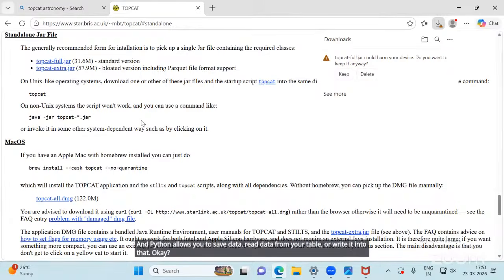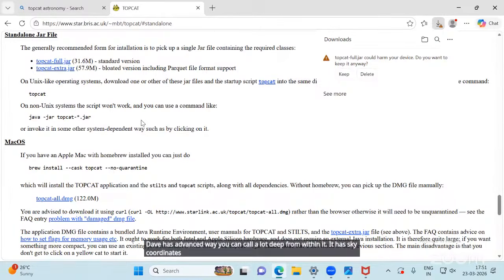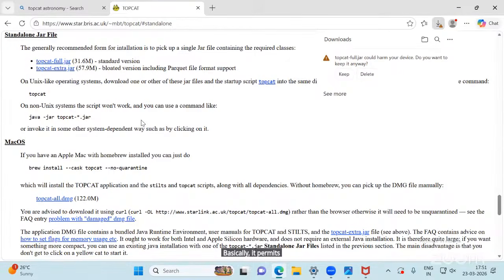Then it has ways where you can call Aladin from within it. It has sky coordinates, which allows you to convert from RA Dec to alt-azimuth or galactic very simply. It permits you to convert light years into kilometers and vice versa in a very simple way. So AstroPy saves you a lot of time which you would otherwise spend doing it.